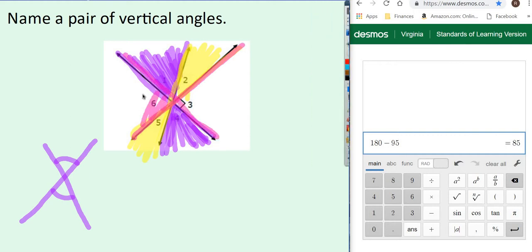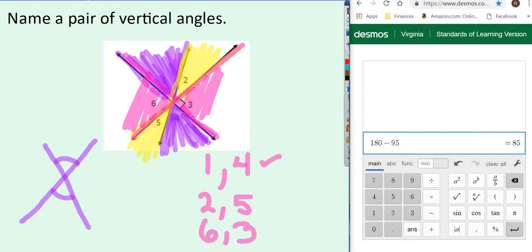And that's telling you that angle 6 and angle 3 are exactly the same measure. Okay, so when it says name a pair of angles, I could have named 1 and 4, or 2 and 5, or finally 6 and 3. There are 3 sets of vertical angles in that picture, and vertical angles are always congruent to each other.